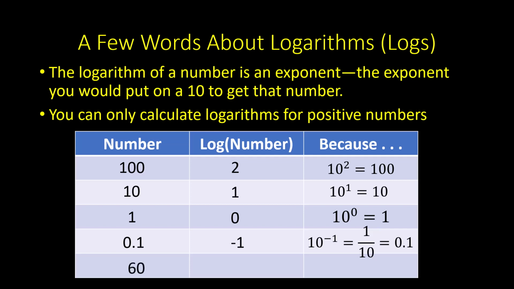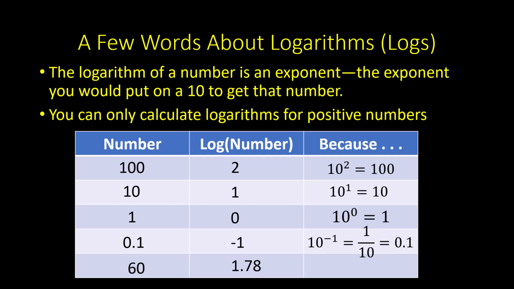Now, what about a number like 60? It's not a power of 10. However, you can have exponents on 10 that are not integers. You may not have done that in a math class before, but that's what your calculator is good for. And it turns out if you punch 60 into your calculator and take the logarithm of it, you would get 1.78.